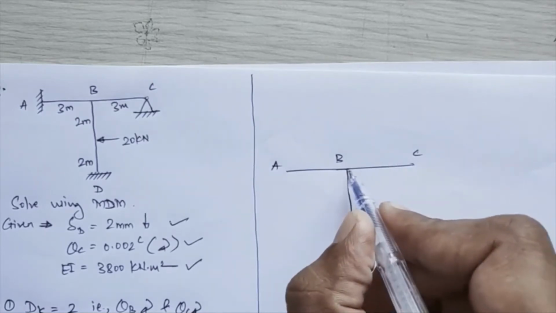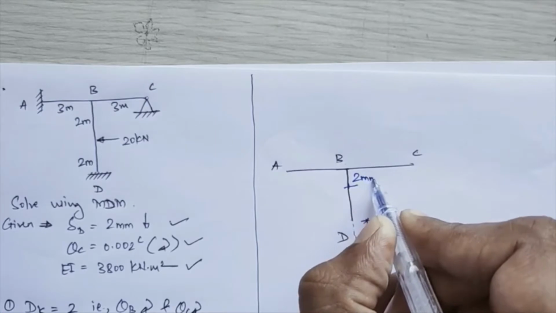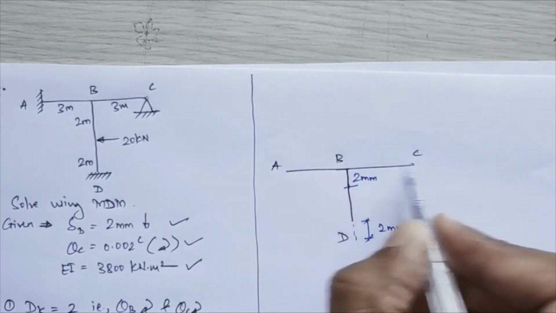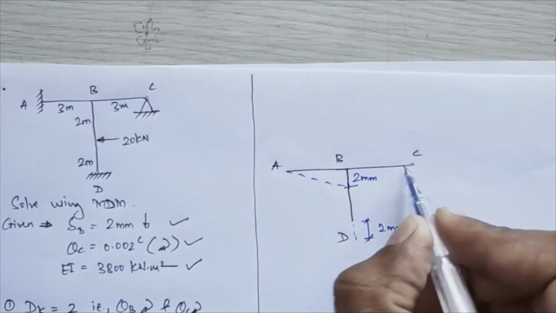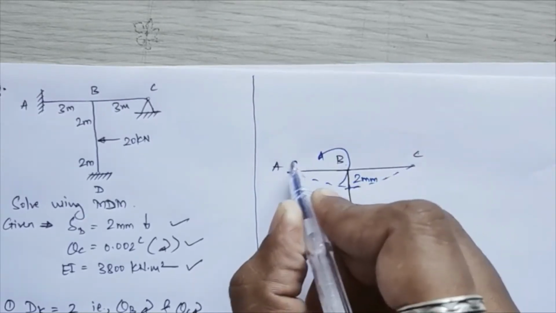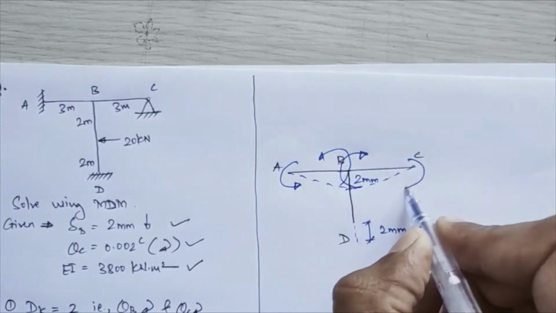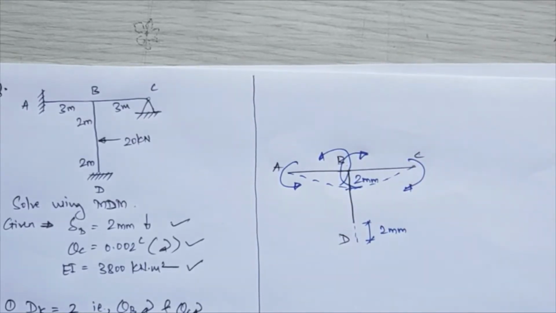Due to that, what will happen? This rigid joint will also sink by 2 mm, the same amount of displacement, due to which the AB and BC members will be subjected to translational displacements. Those will be anti-clockwise for member AB and clockwise for member CB, that is BC and CB.